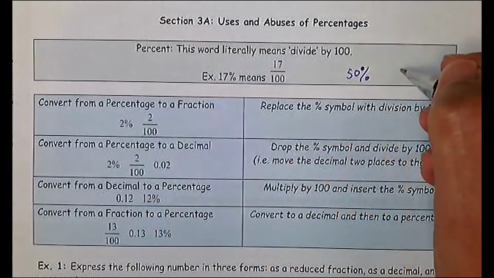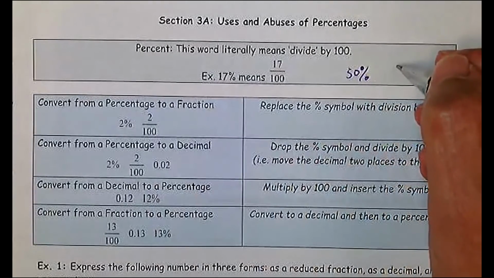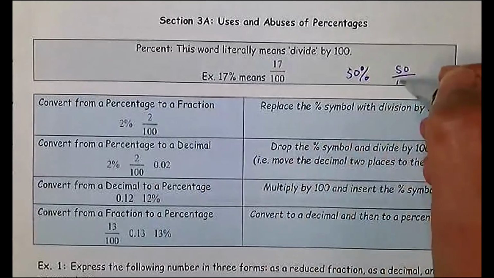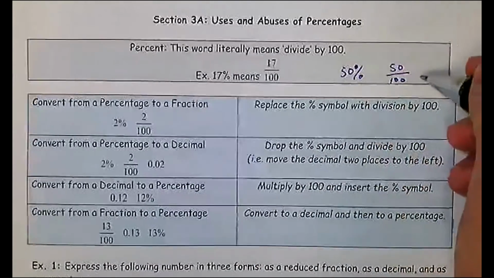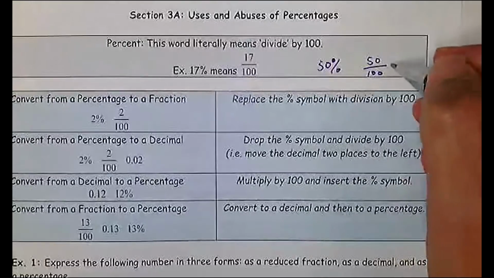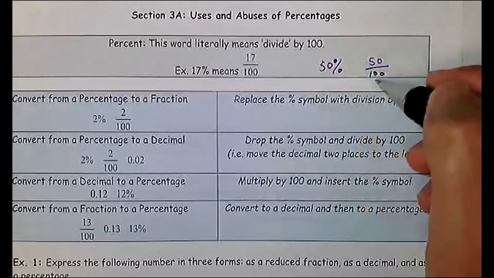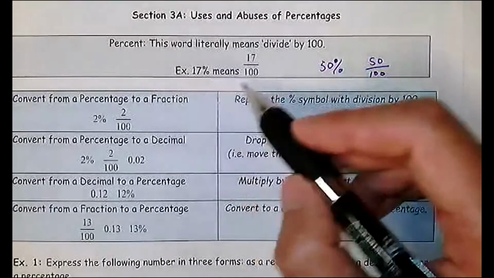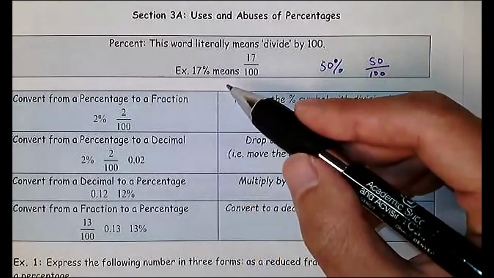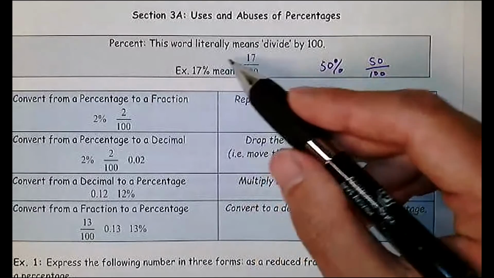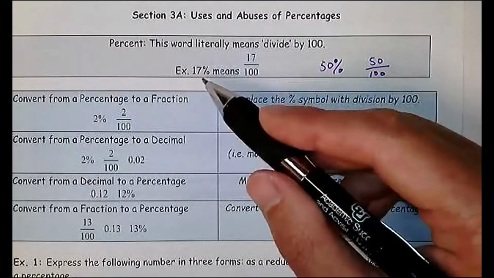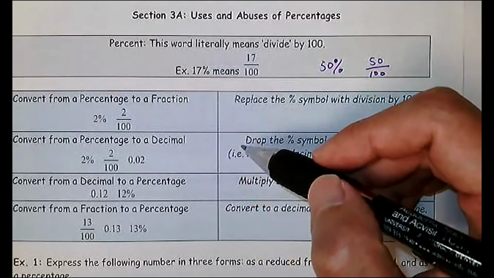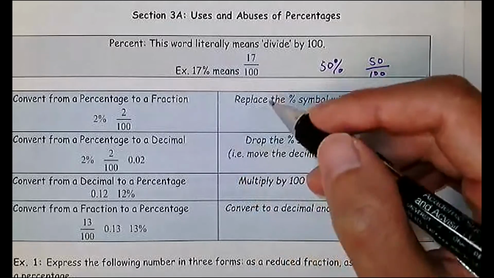It means for every 100 students, we have 50 males. Just an additional example, or 50 females. Does anyone have any question about this notation?